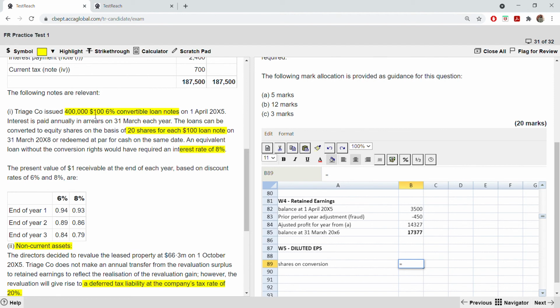So 40 million into 20 over 100. Why? Because for each 100 you get 20 shares. So for one, it will be 20 divided by 100. 8,000. That is 8 million shares you will get.